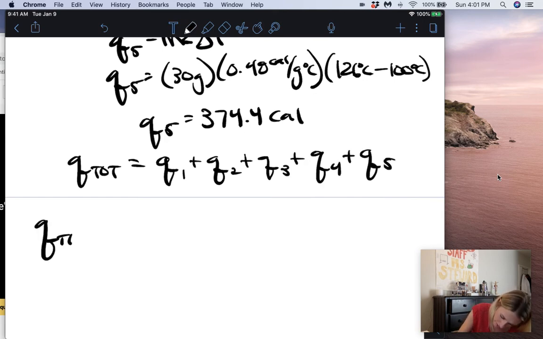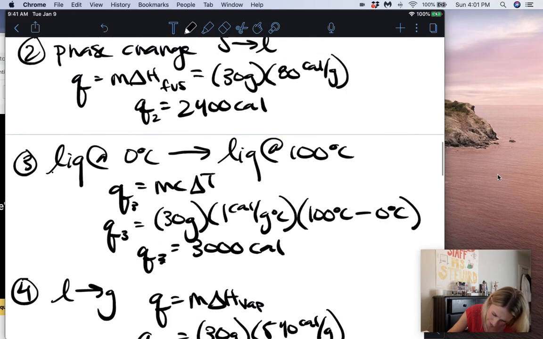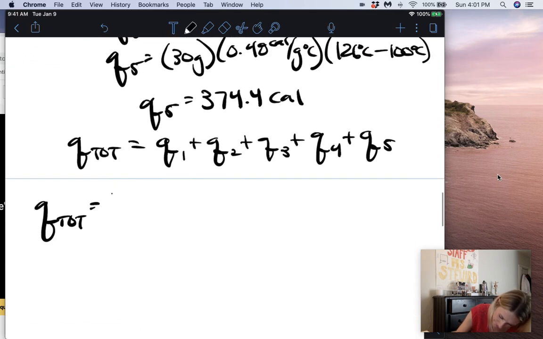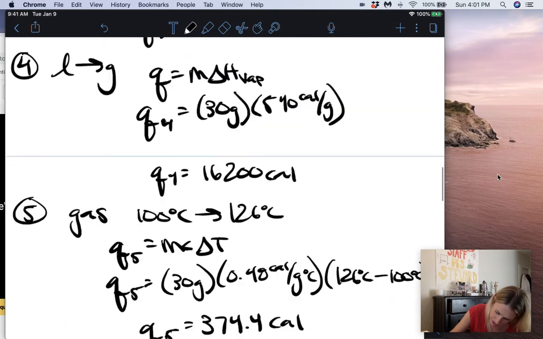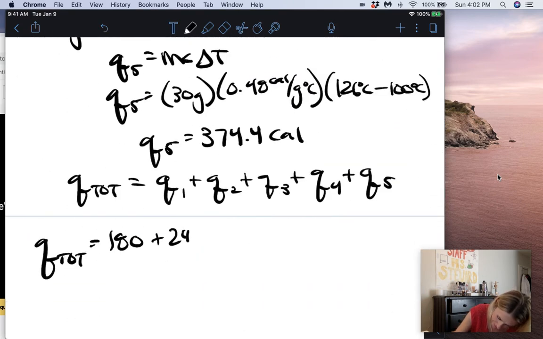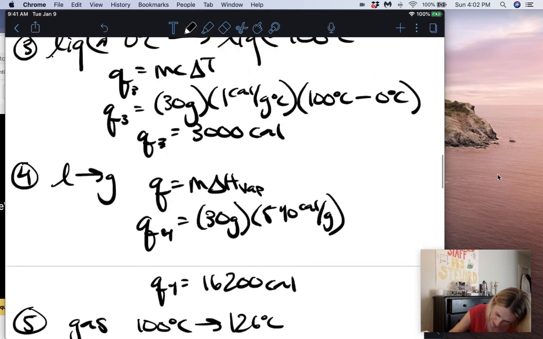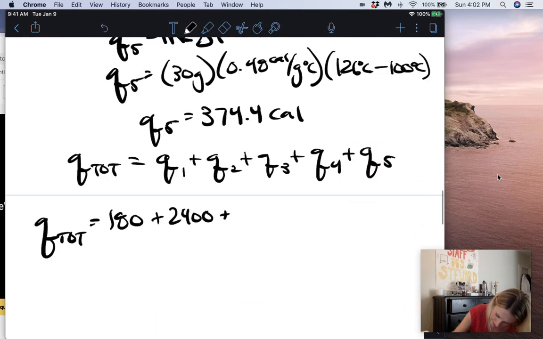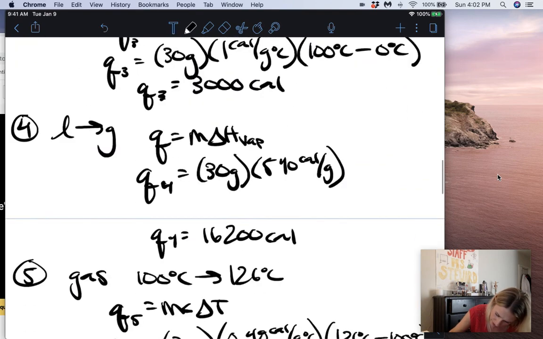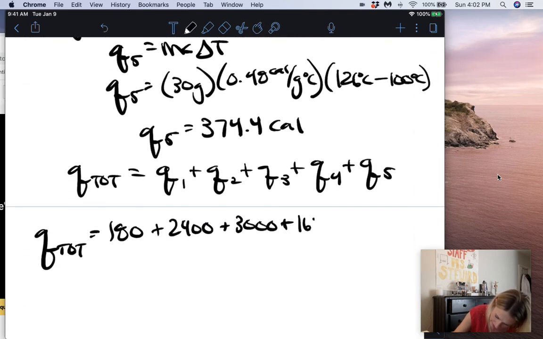So our total is going to be Q1, which was 180 calories, plus Q2, which was 2,400 calories, plus Q3, which was 3,000 calories, plus Q4, which was 16,200 calories, and last but not least, plus Q5, which was 374.4 calories.